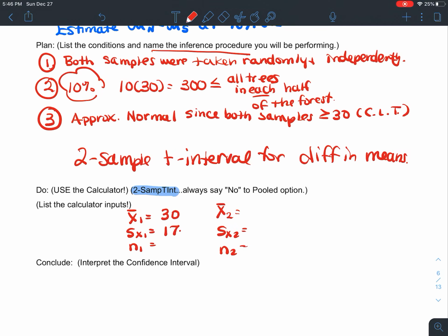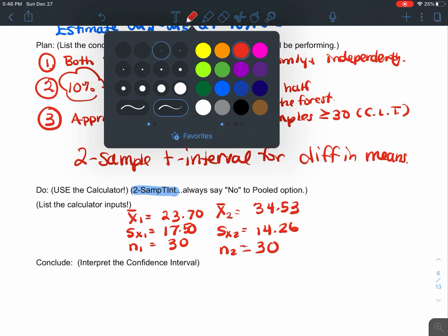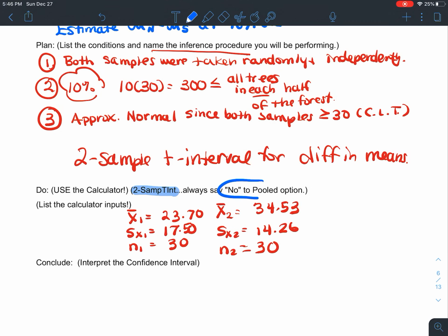So this will be for the northern, oops, sorry, I put that sample size there. The mean for the northern was this, 30. This was also 30 over here. And then this is for the southern. These are just my calculator inputs. Also, something definitely worth noting, I always say no to the pooled option. We always say no to the pooled option for sure here.